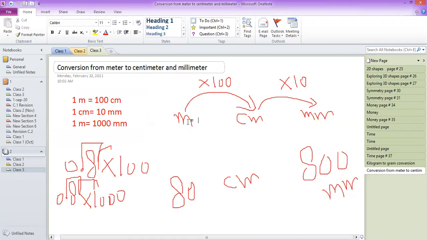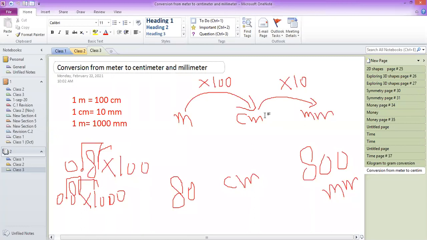So for conversion from meter to centimeter, whenever a value is given in meter and you have to find the value in centimeter, the easy way is to multiply it by 100. Or if the value is given in centimeter and you have to find it in millimeter, the easy way is to multiply it by 10.